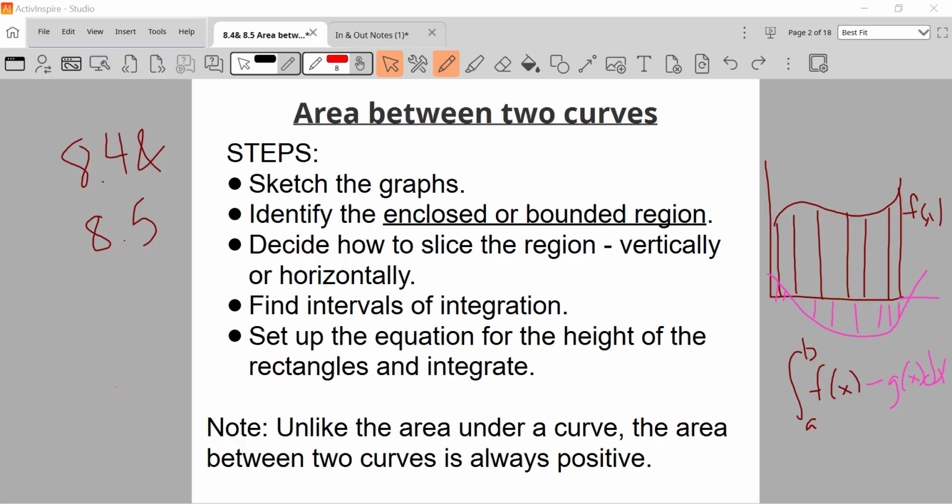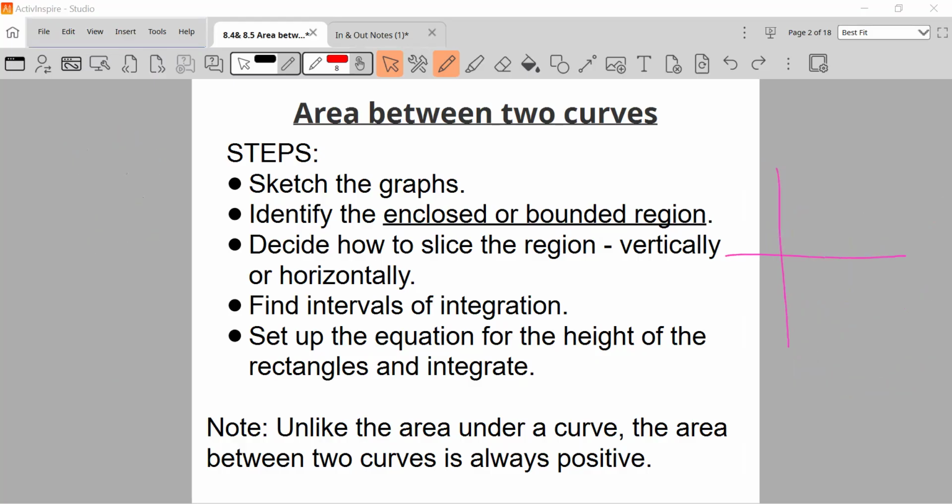For example, I could have something where my top curve's here, my bottom curve's here, and regardless, this will end up being a positive area, because here would be your first curve, here's its area, and then we're going to subtract, we're going to take away this area.